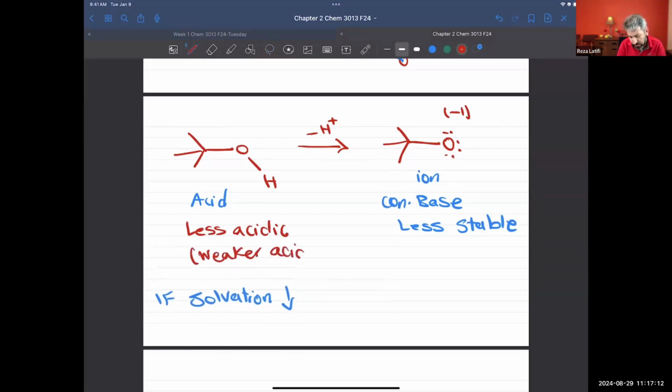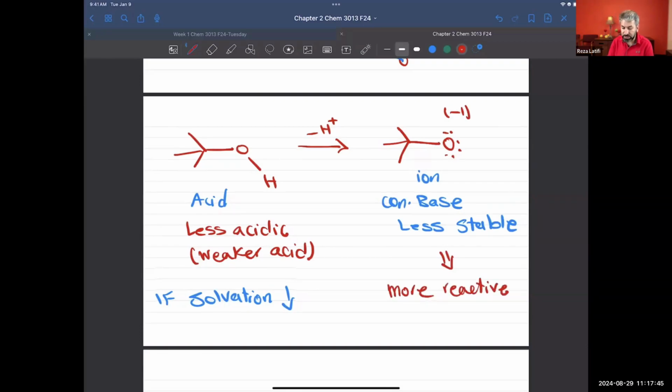Weaker acid. Okay, so less stabilization for the conjugate base is equal to weaker acid. I don't want to confuse you here, but later we will see that whenever the conjugate base is not that stable, it will be more reactive.